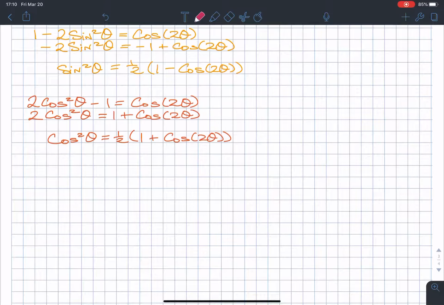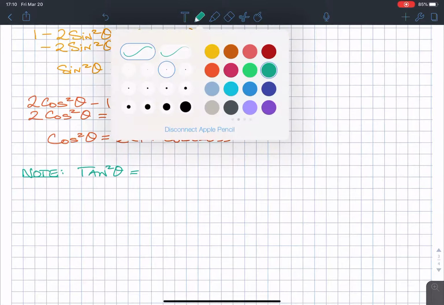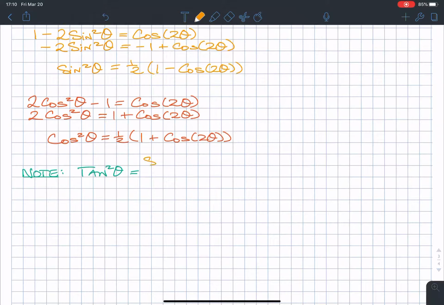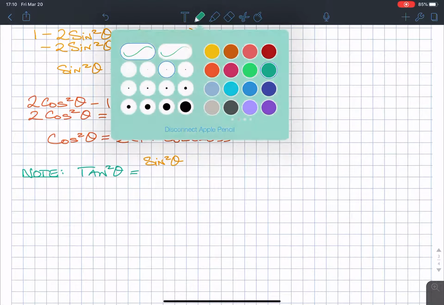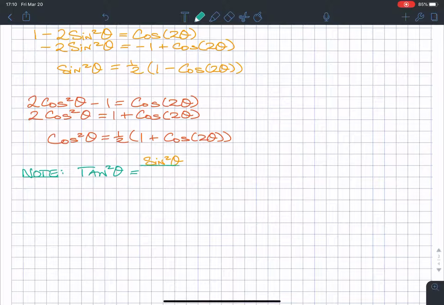Finally, I note that tangent squared theta is going to be sine squared theta divided by cosine squared theta.